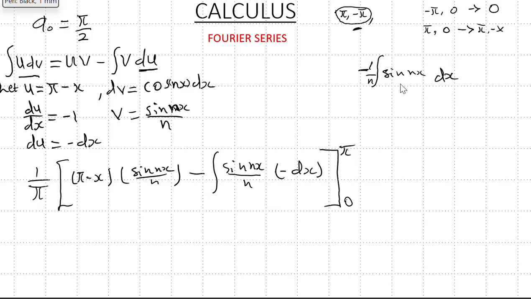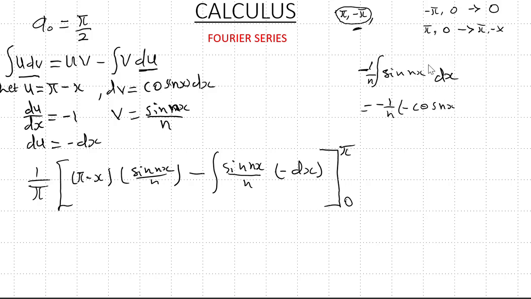Having it like this, it now becomes very easy for us to integrate. So integrating this becomes minus 1 over n, then integrating the sine is negative cos nx.